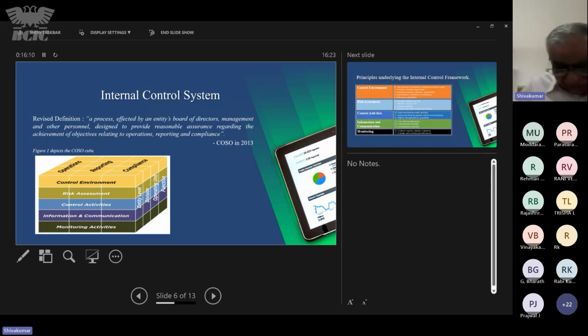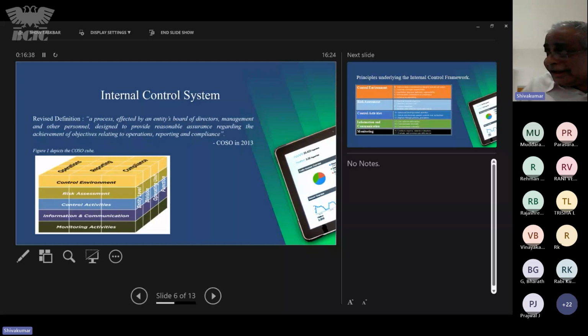Now we have to do internal control as a dynamic process, and it should be monitoring, and it should be proactive with the changing business needs. Also, it should be able to provide a reasonable assurance, not an absolute assurance, to the board of directors by the people involved. This is the exact definition of internal control by COSO.